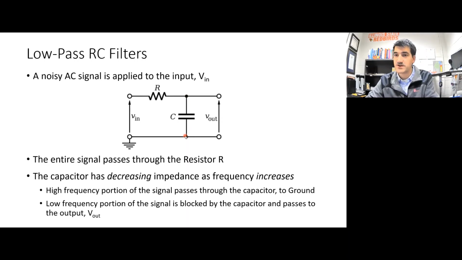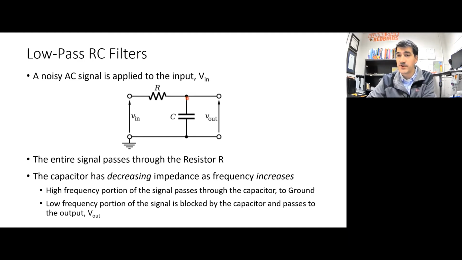They're just shorted to ground. So the high frequency components have no problem going right through the capacitor and to ground. And that's what they do. Because they're just shorted out by the capacitor, we don't even measure that right here. It's like it's just shorted to ground directly for the high frequency components, but only the high frequency components of the signal.